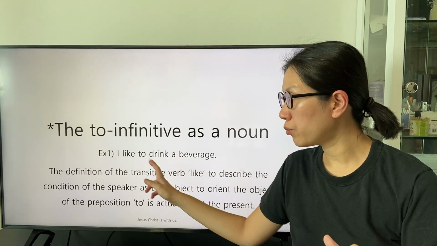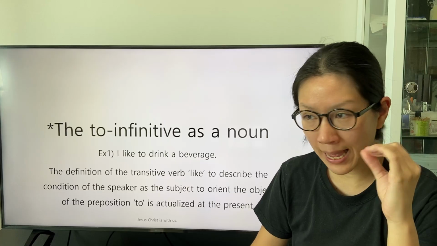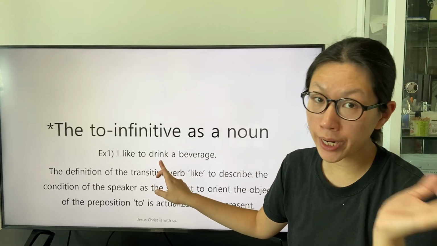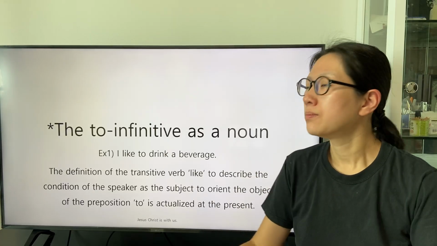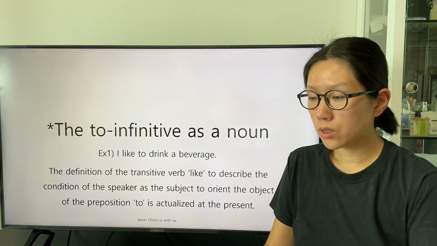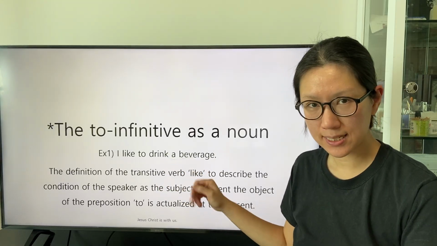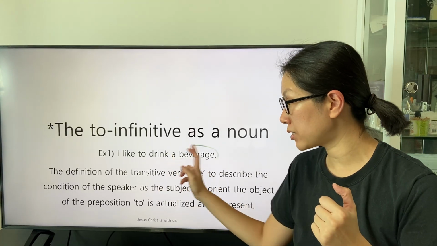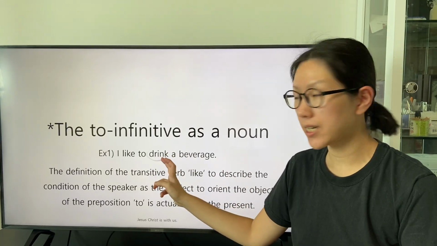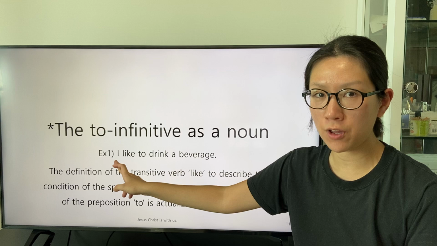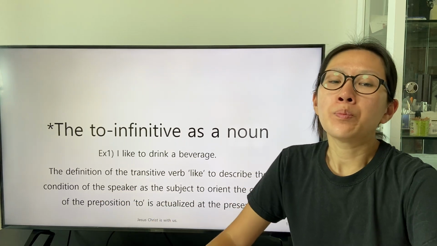And the root infinitive drink has the same form as the transitive verb drink as the origin, so we can understand that the root infinitive drink has an object, or is applied with an object, to receive the definition of the root infinitive drink from the subject of the preposition to, who is the speaker.